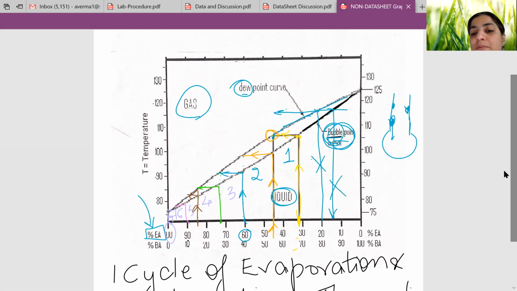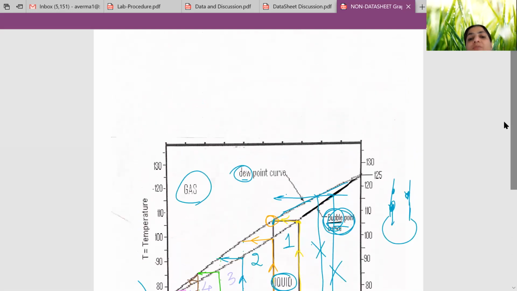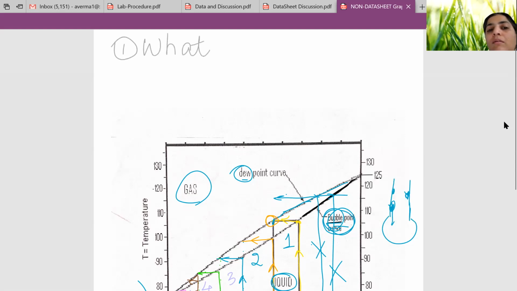If you go away from this, which is not possible, you would rather have a lower boiling material than the higher boiling material. So when you're reading this graph, be very careful. There are two kinds of questions that you can see on this. First, what is the boiling point of a given mixture?